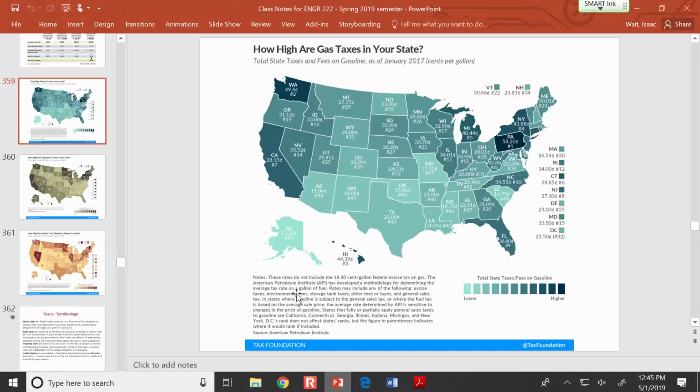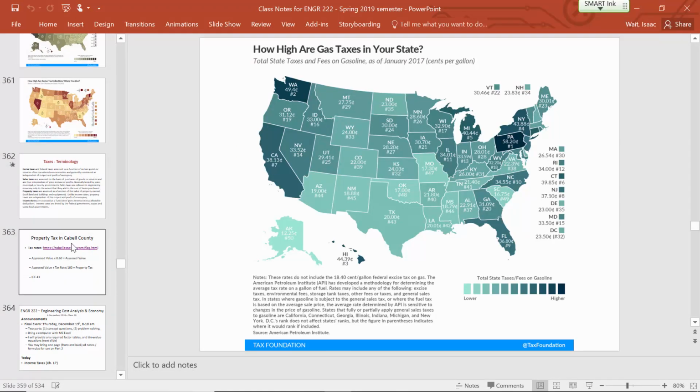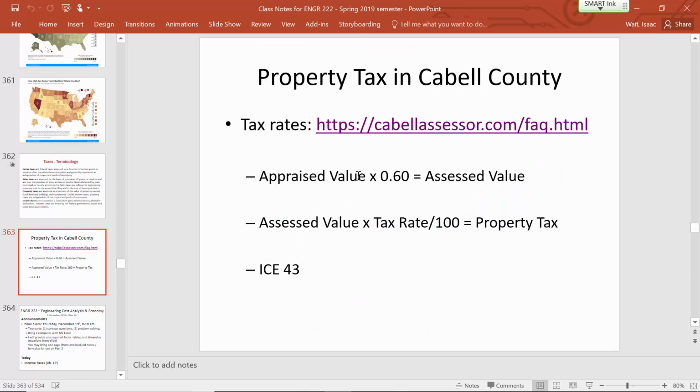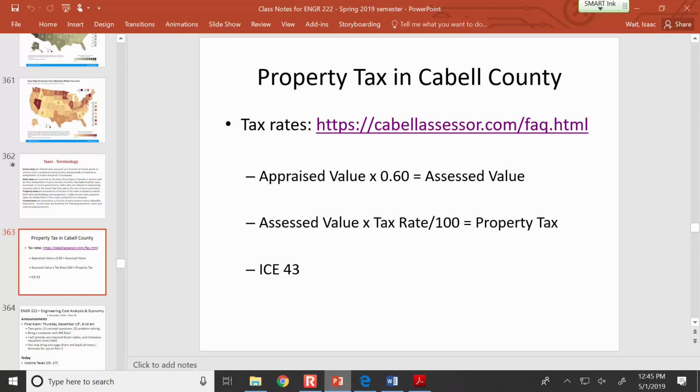Remember, the formula is the conversion. Let me show you that. Appraised value times 0.60 is the assessed value. So assessed is 60% of appraised.